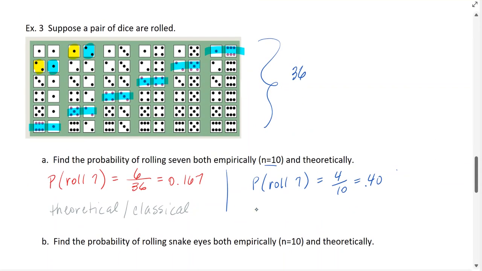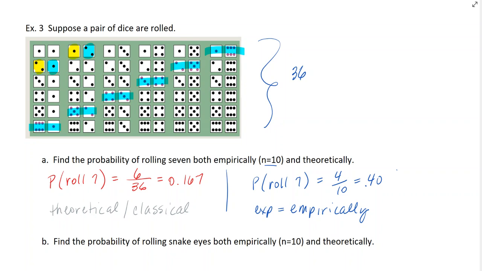When we perform our experiment, that is the empirical method that we're talking about from above. Anytime you perform an experiment, you're performing an empirical method of finding probability.